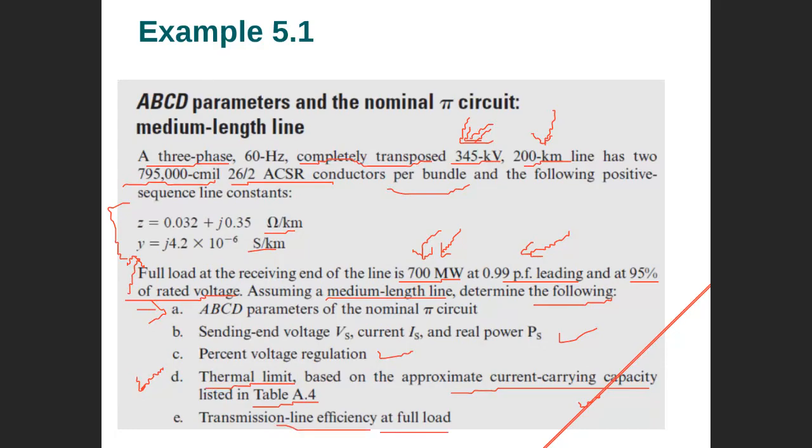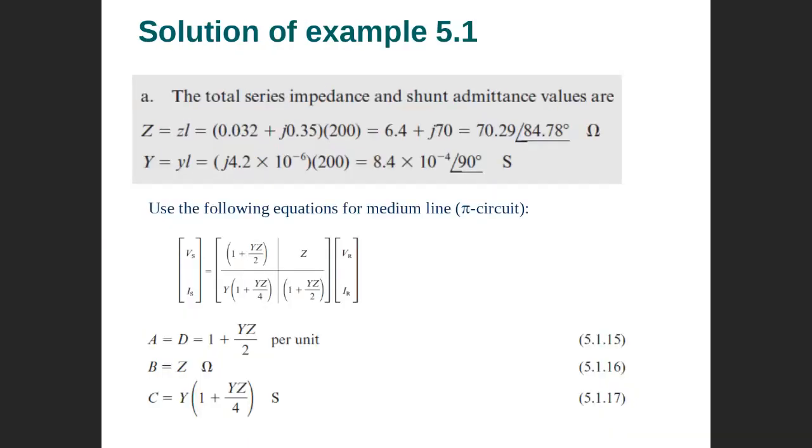All right, so let us look at these now. The ABCD parameter is simply what we need to use, from the pi circuit. Before we go in there, you need to multiply by the length before you do this calculation, and then you will put it here.